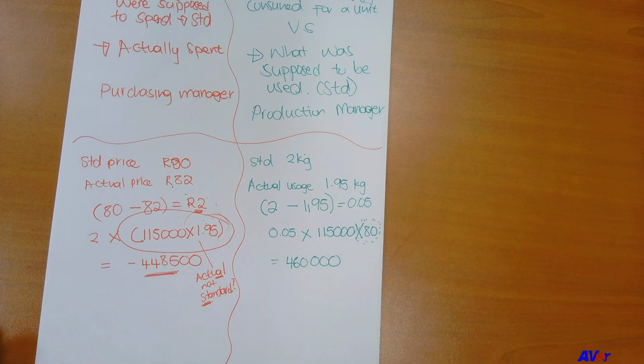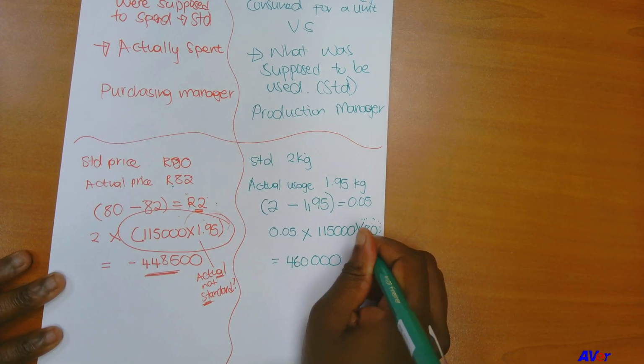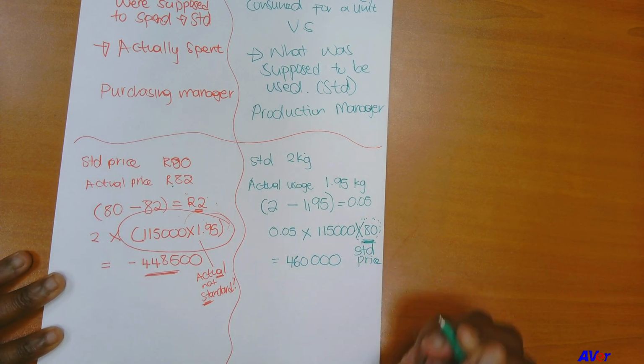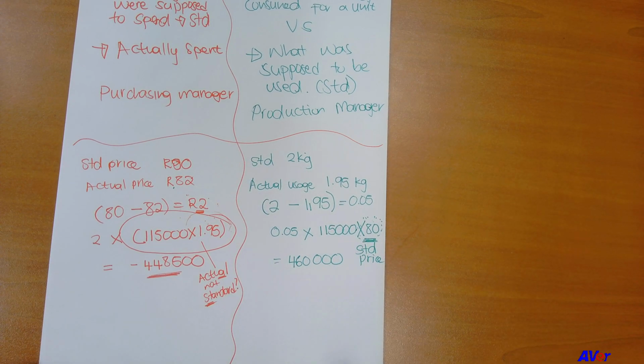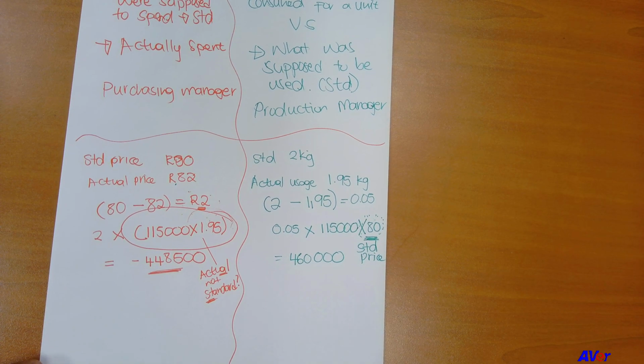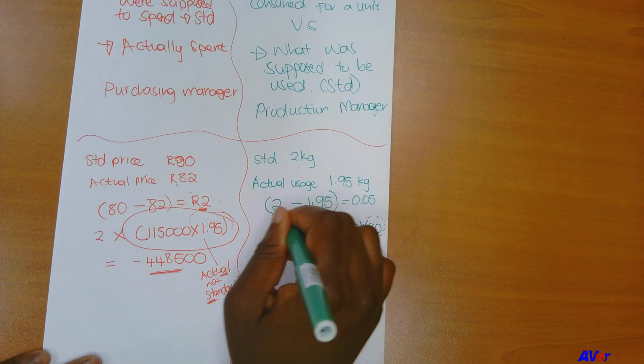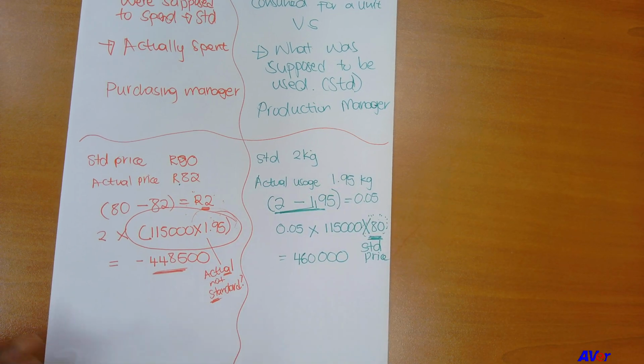So we cannot have more than one variance in a variance calculation, which is why I use the standard price, because I'm saying, well, the only thing that the production manager is in control of is this, the units that are used to produce, because that is his job.